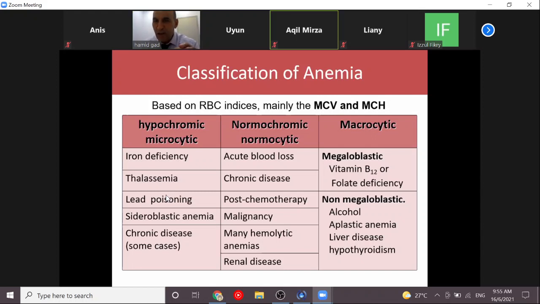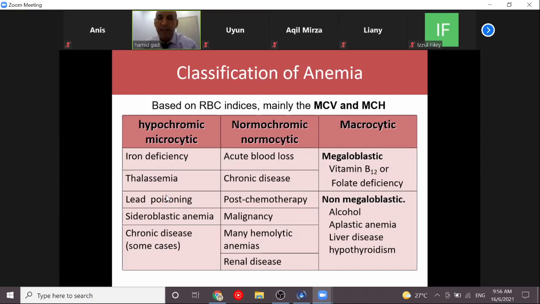Understand? Even though the color is normal, normochromic, and the red blood cell size is normal, normocytic, the hemoglobin is low. So this is called normocytic, normochromic anemia. We don't mention anemia when describing the red blood cells.